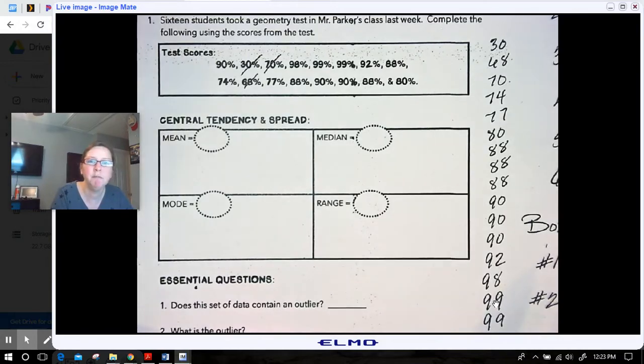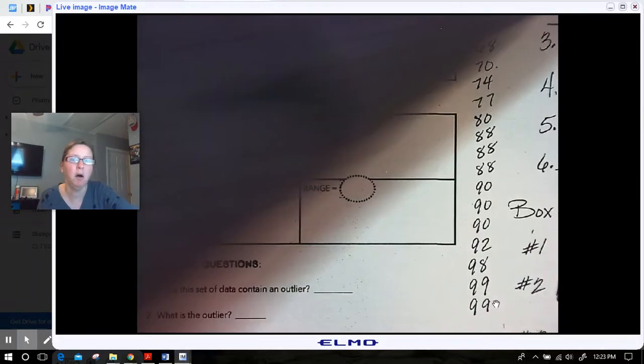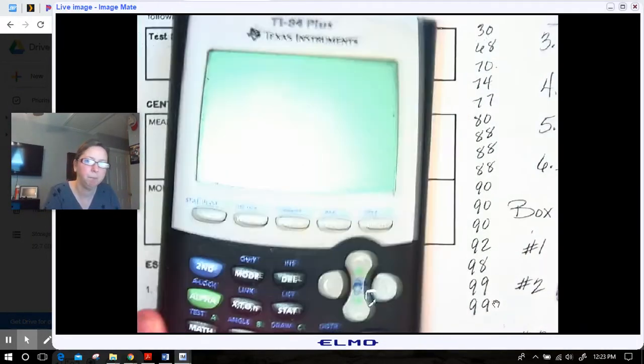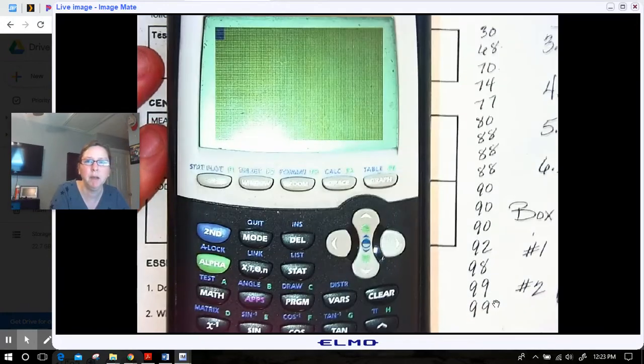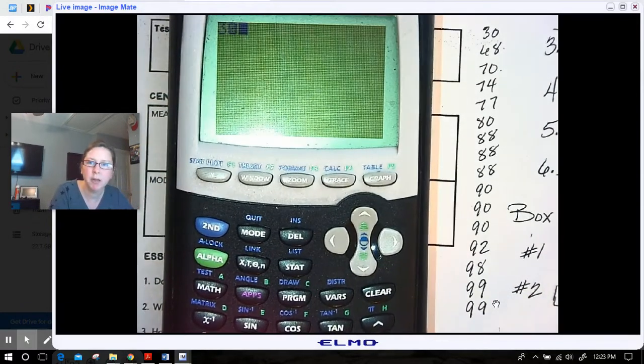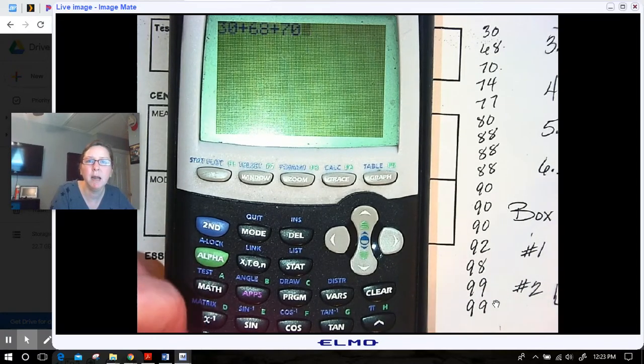Now let's try to find the mean. The mean is going to be taking all of these numbers, adding them up in our calculator. Okay, so it would be 30 plus 68 plus 70. We're going to add them all up, and when we do that, the number that we're going to get is 1,321.